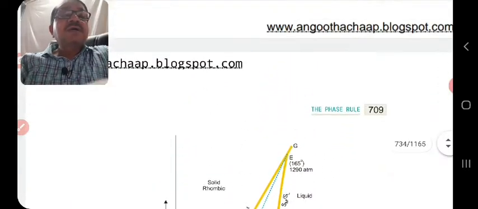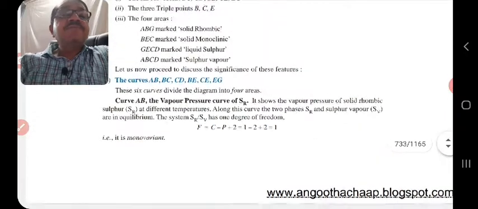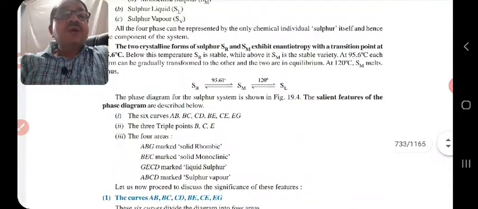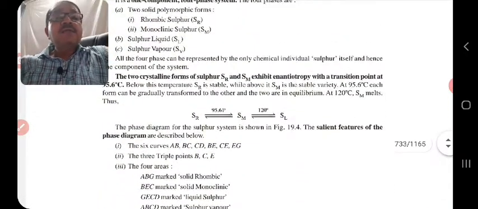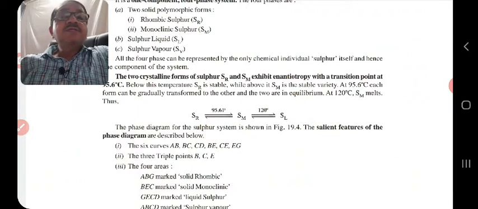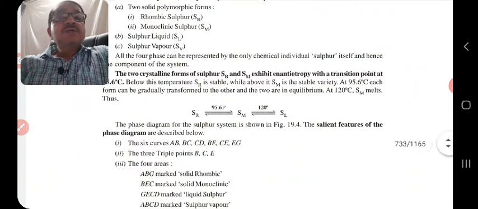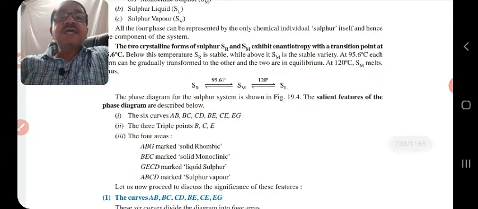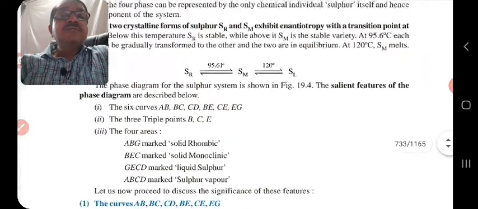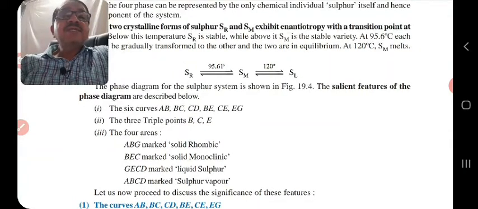So after drawing the diagram part, we are able to understand the different terminologies related with this sulfur system part. So the salient features of the phase diagram are described here. These 6 curves AB, BC, CD, BE, CE and EG are there in the sulfur system phase diagram.